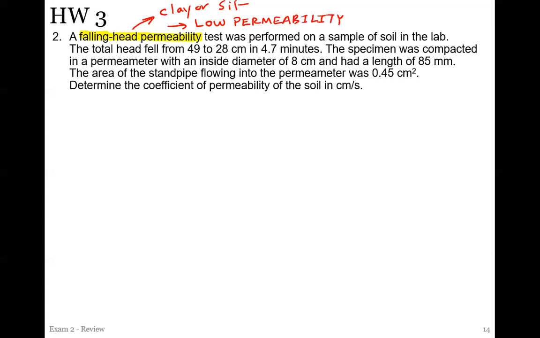So a falling head test is performed on something that is expected to have a low permeability, so something that doesn't let water pass through it. Constant head requires constant flow of water, so we need a higher permeable material, like a sand or a gravel or something that lets water pass through it consistently.